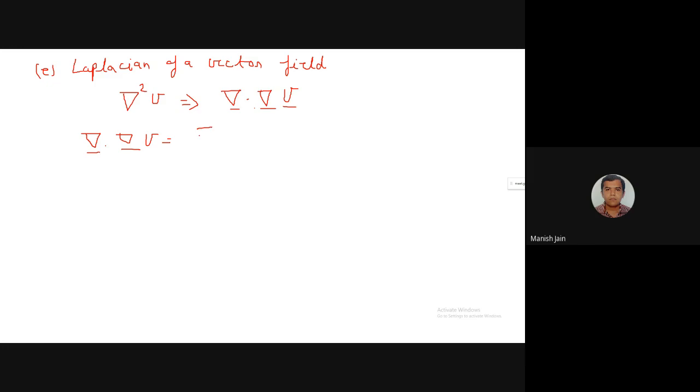Here you have the del operator. It is written as unit vector e_i multiplied by del by del xi, dot unit vector e_j multiplied by del by del xj, and unit vector e_k vk.